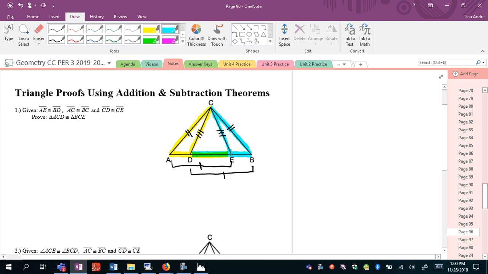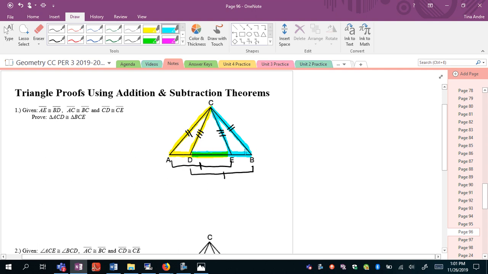So I'm trying to prove that those two triangles are congruent, and right now I already have two sets of sides marked. So I'm thinking about my congruence theorems with two S's, so SSS or SAS looks like possibilities. Now, when I look at my picture, I'm also given this entire thing.